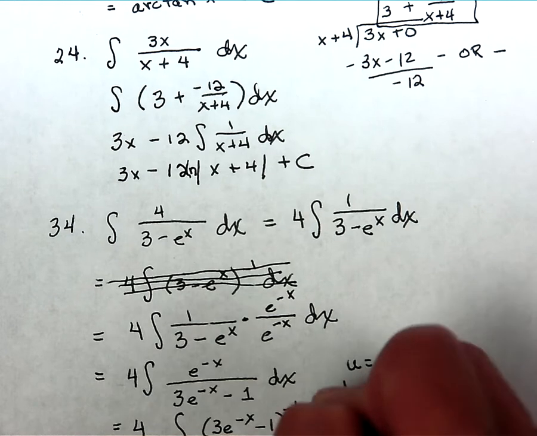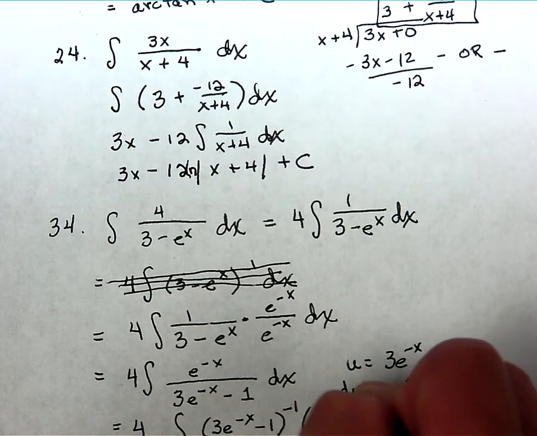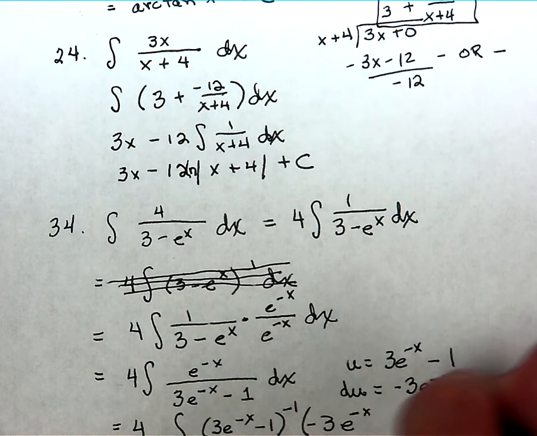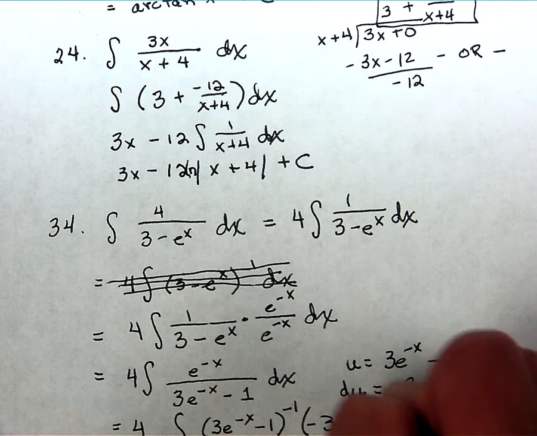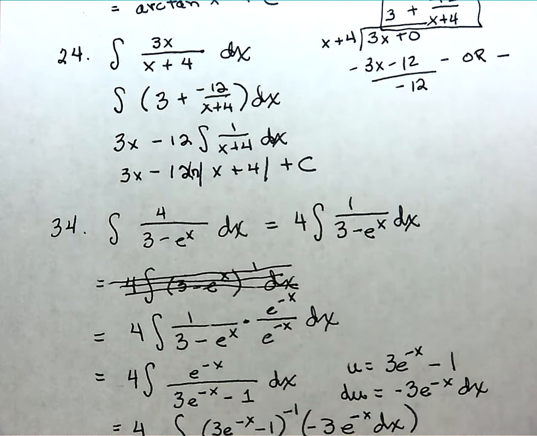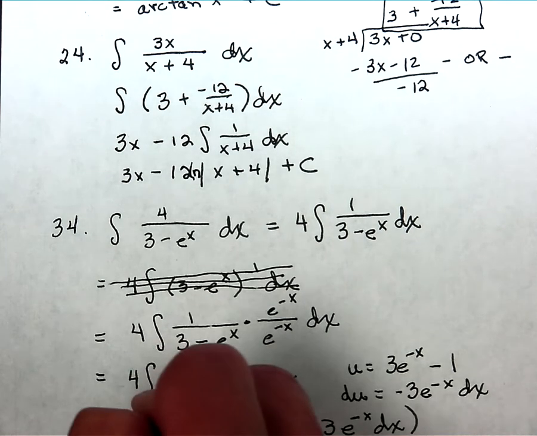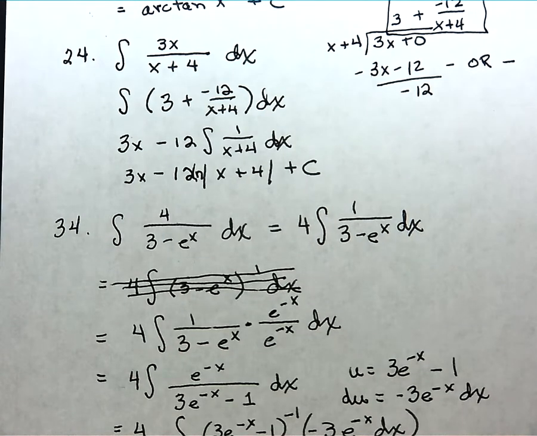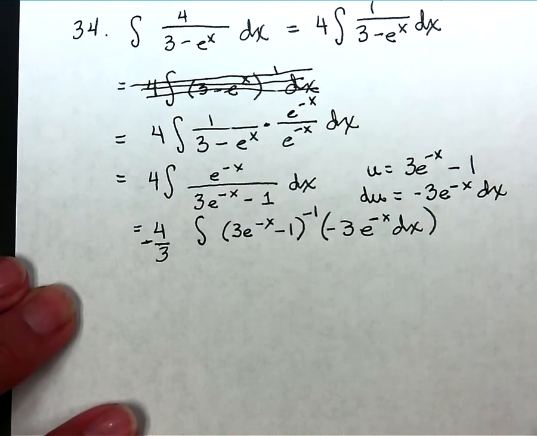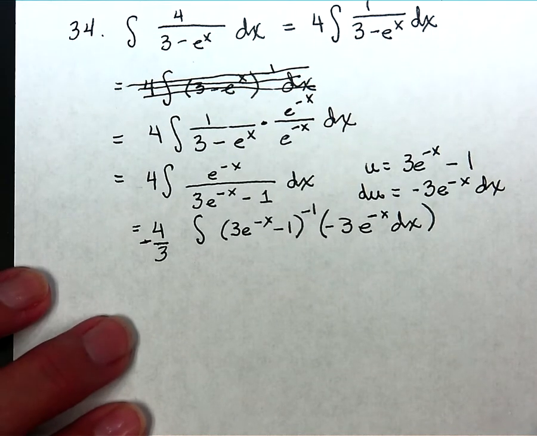And du beside it would be negative 3 e to the negative x dx. Is that equivalent to the line above it? Not unless I do what? Or divide by negative 3, same thing. Is that equivalent to the line above it?